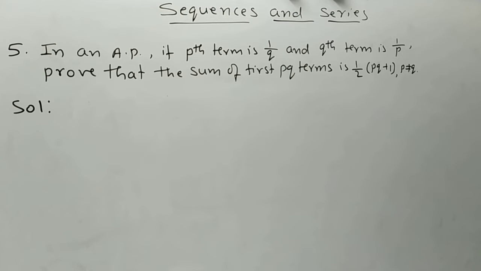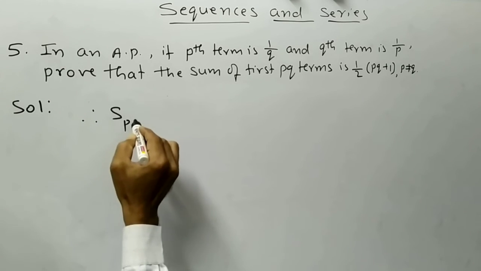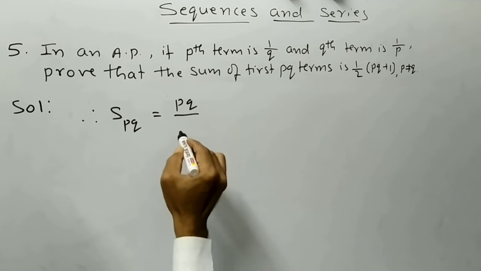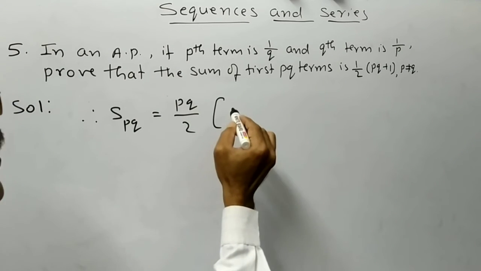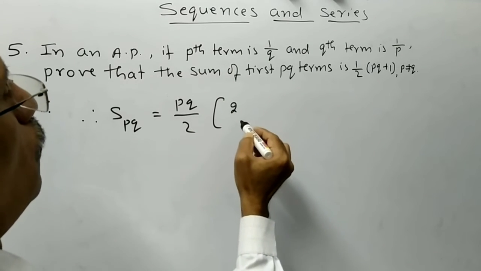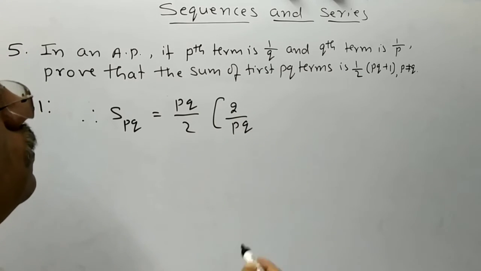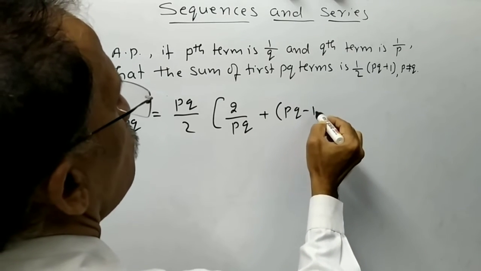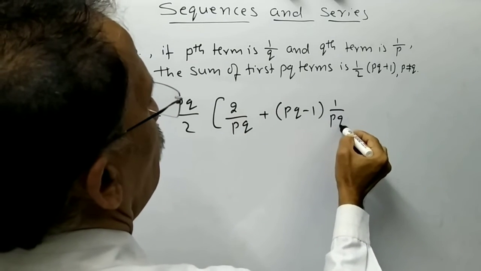Therefore, sum of first PQ terms, that is S PQ, is equal to PQ divided by 2 into 2a, that is 2 into 1 by PQ, that is 2 by PQ, plus (PQ minus 1) into d. d value is 1 by PQ.